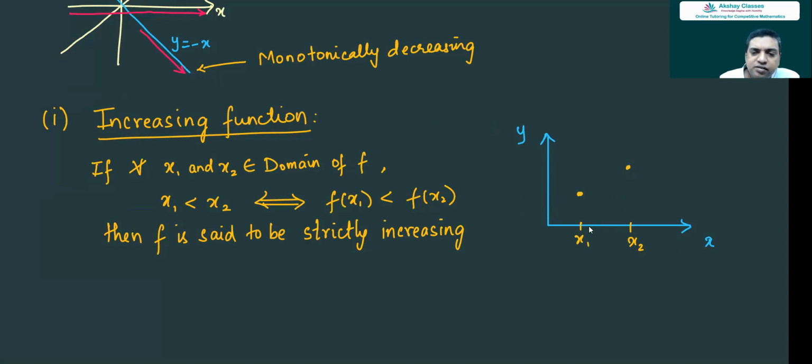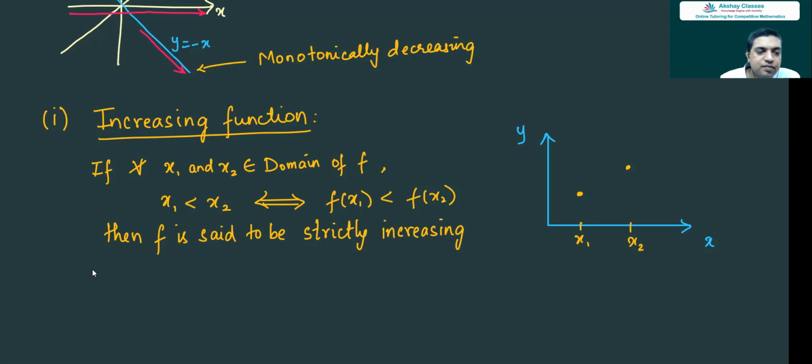No matter what, x1 and x2 can keep changing throughout the domain, but if the function value of a greater number is greater than that of the lesser number, then it is an increasing function, and it is strictly increasing.